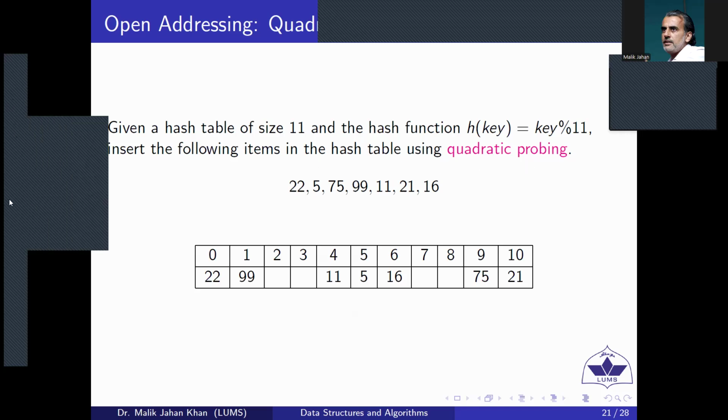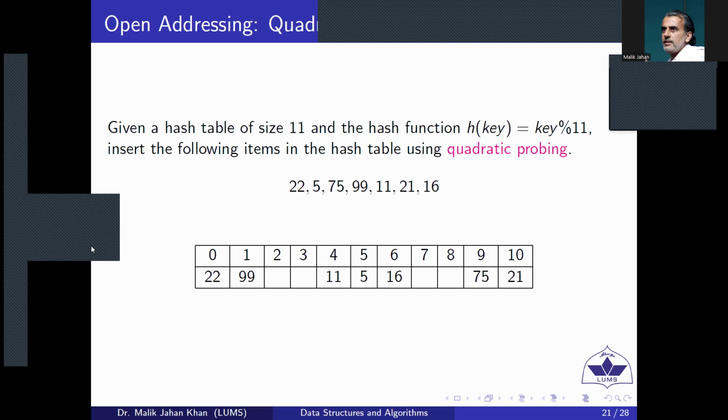Our first element is 22, which gets hashed without any collision, same as linear probing. Then we pick 5, which gets hashed here without any collision. 75 gets hashed to index 9, no issue. When we get 99, it tries to get to index 0, but that is occupied.